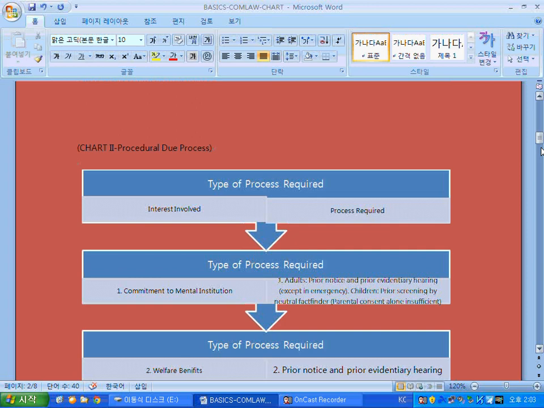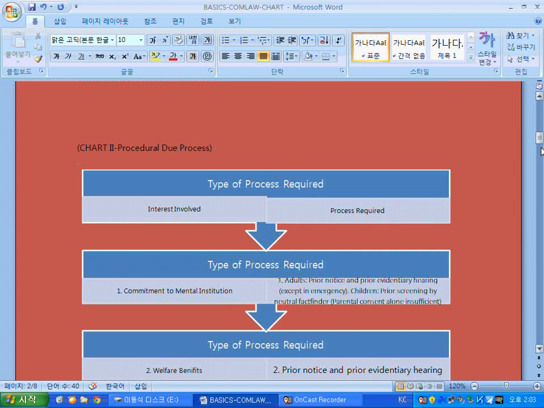For example, the issue may be a commitment to a mental institution. Is it a serious issue? The court required this scope of process. For others, a prior notice is indispensable, coupled with a prior evidentiary hearing. But in an emergency situation, the prior evidentiary hearing would be waived. That could satisfy the constitutional test.